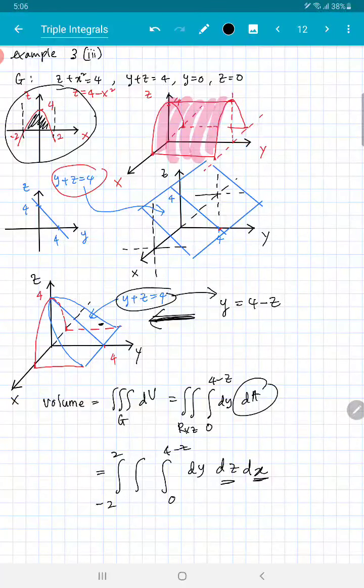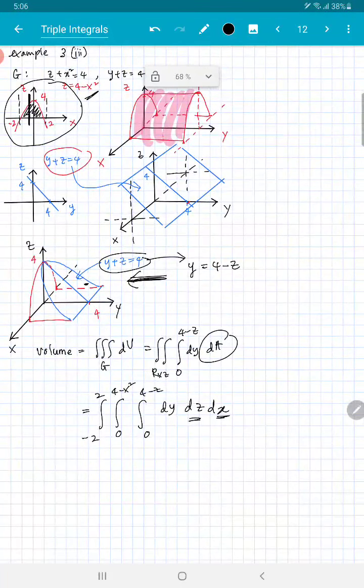To get the limits for z, you draw a straight line across your region parallel to the z-axis. The upper limit for z is this parabola, 4 minus x squared, and the lower limit for z is the x-axis, where z is 0.